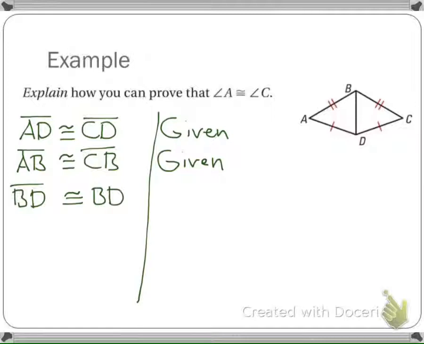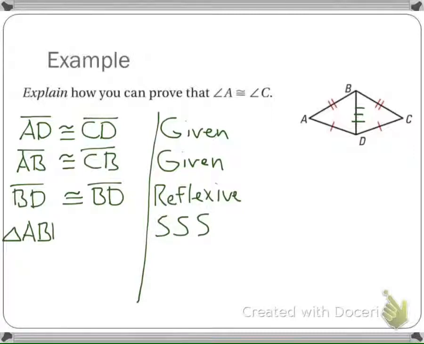So BD is congruent to BD. Better mark that. And now I look at my 2 triangles, and I see that they are congruent by side, side, side. So I could say that triangle ABD is congruent to triangle CBD.